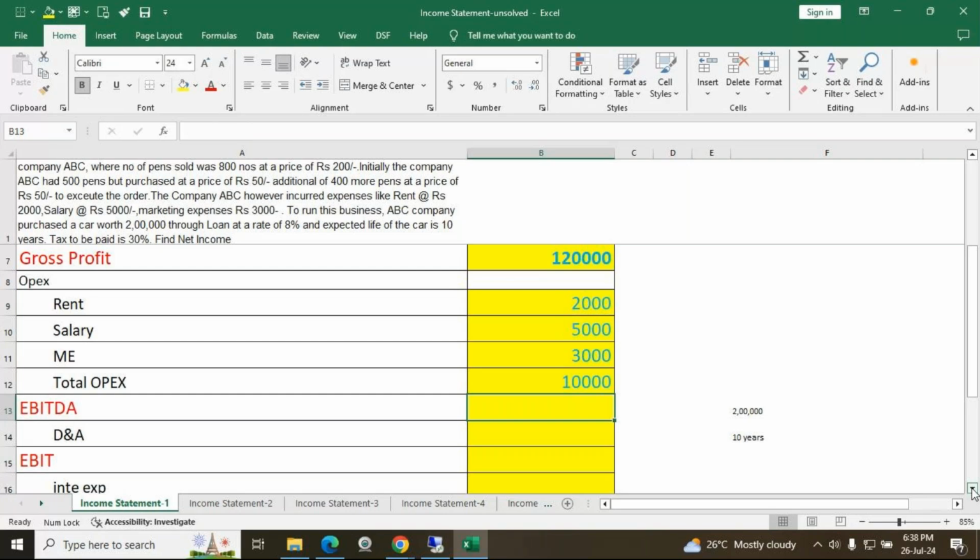So my EBITDA will be gross profit minus total operating expenses. Then depreciation and amortization: 2 lakhs divided by 10, that is 20,000. So then EBIT.